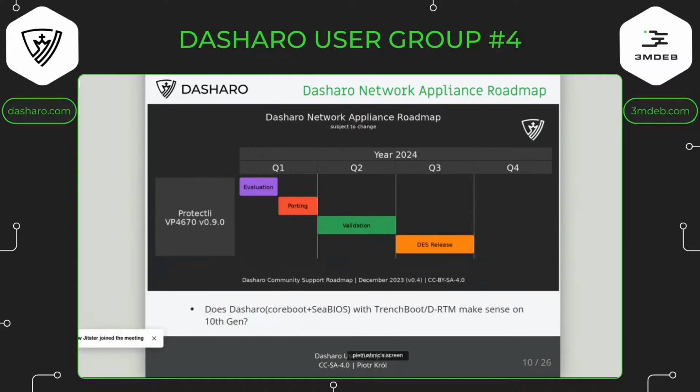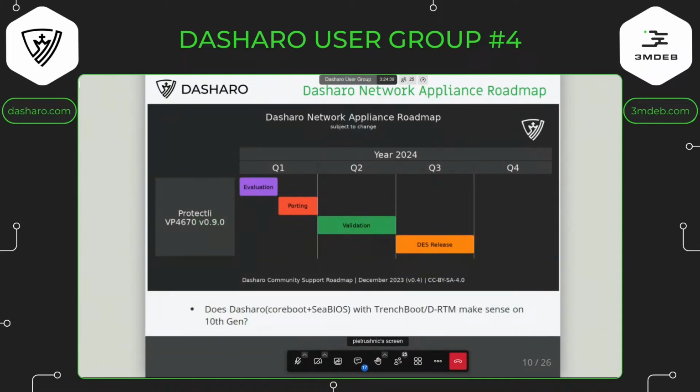The second network appliance roadmap is for Protectli. Yesterday I had a long discussion with the TrenchBoot community about what can be done and what makes sense. I guess this belongs to vPub, but the plan is to have a Protectli VP4670 release, which supports TrenchBoot DRTM.